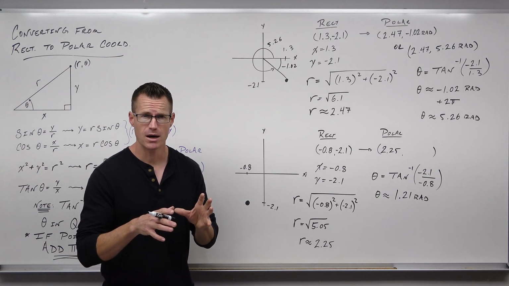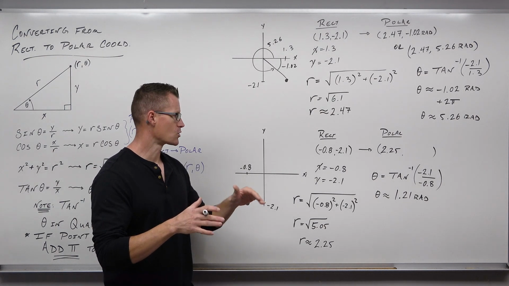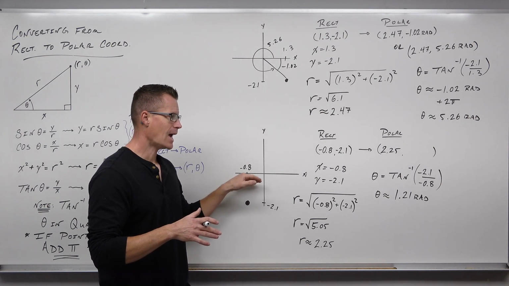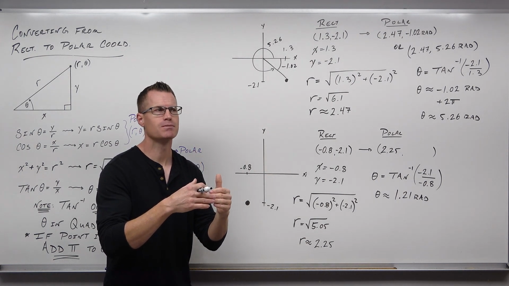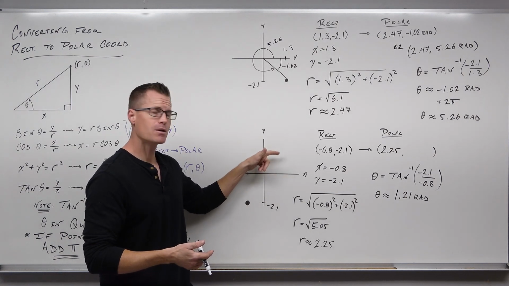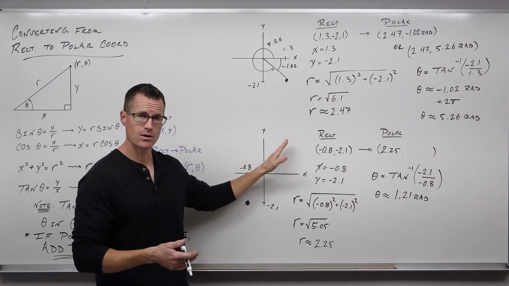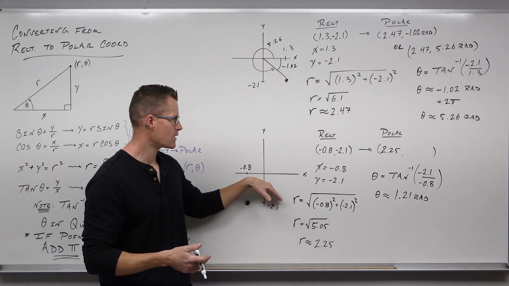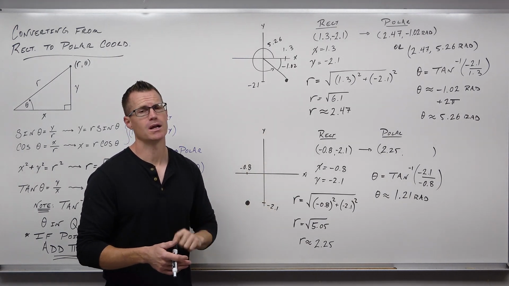Most calculators have a pi button on there, so we're going to add pi for anything that's in quadrants 2 or 3. Add pi to the angle that you get, you will be fine. You can even most of the time subtract pi, but you'll get negative angles. So you can add pi to anything in these two quadrants. Anything in quadrant 4, add 2 pi if you need a positive angle.